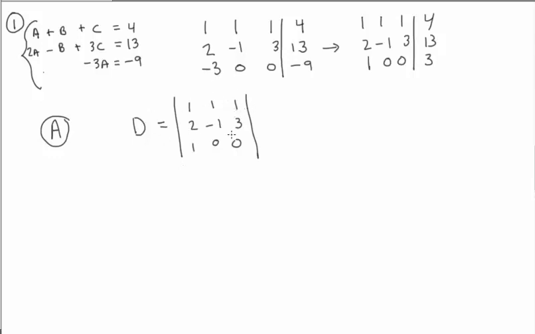Now you have to remember how to do a 3 by 3 determinant. So we take this value here, and in our mind cross these out. So this is going to equal 1 times a new determinant, -1, 3, 0, 0. Next, I have this value of a 1. And if you recall, it goes plus, minus, or as is opposite.